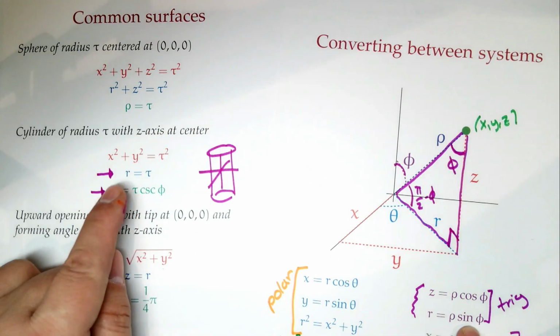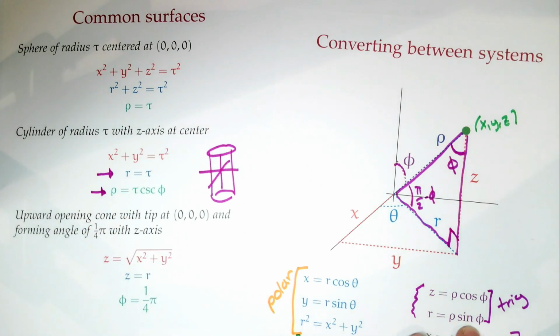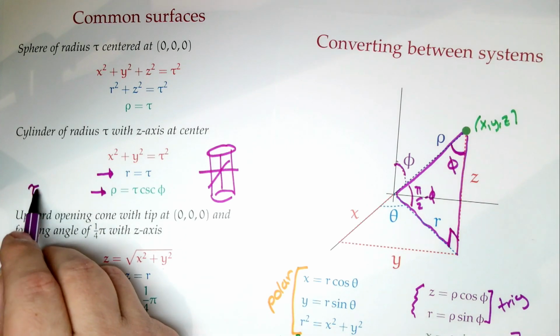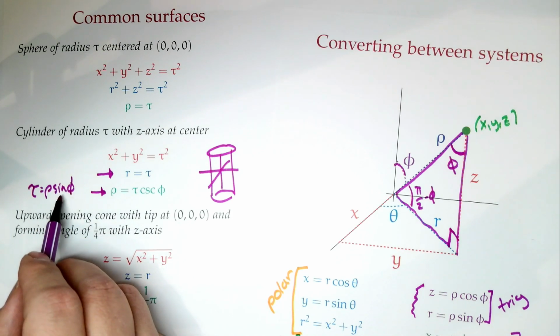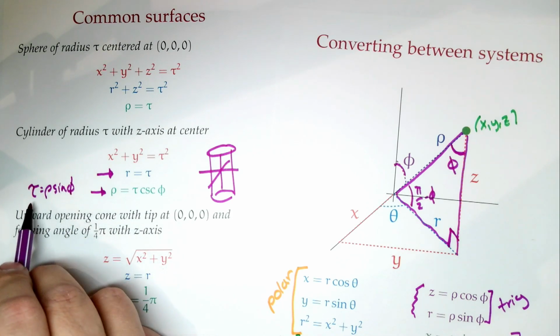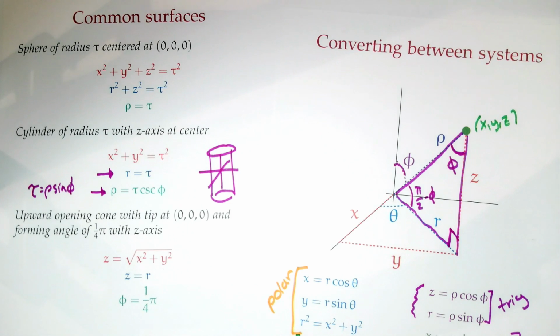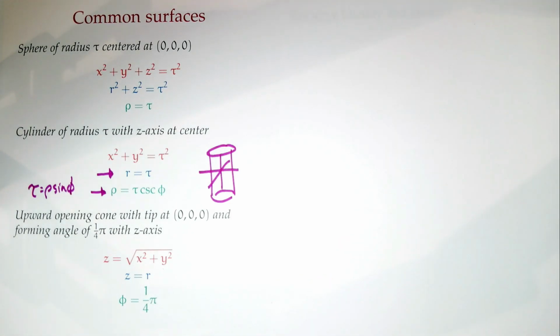So if I want r to be tau, I have that tau would be equal to rho sine phi. And now if I solve for rho, I move the sine phi across. Well, what happens when I move the sine phi across? What does it become? It becomes cosecant.